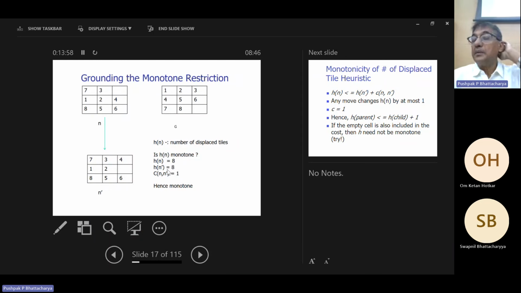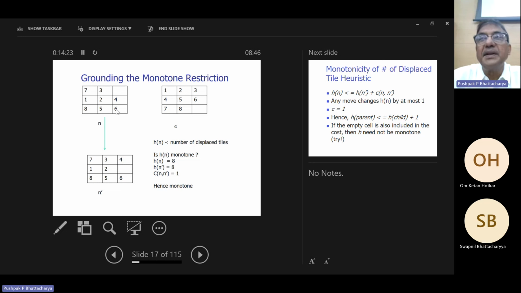Okay, now what is the argument? If the movement of a tile does not change the number of displaced tiles, then surely the triangular inequality is satisfied, right? Because you have incurred the cost of moving from one configuration to another.